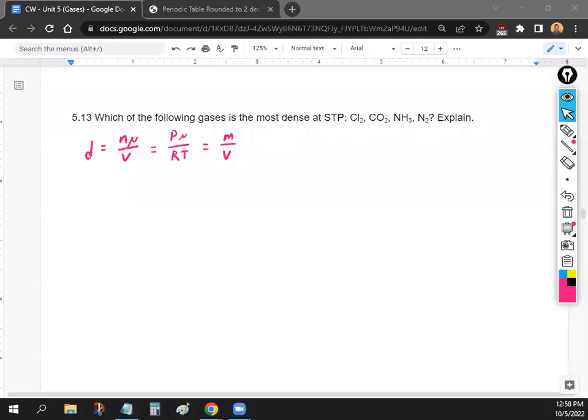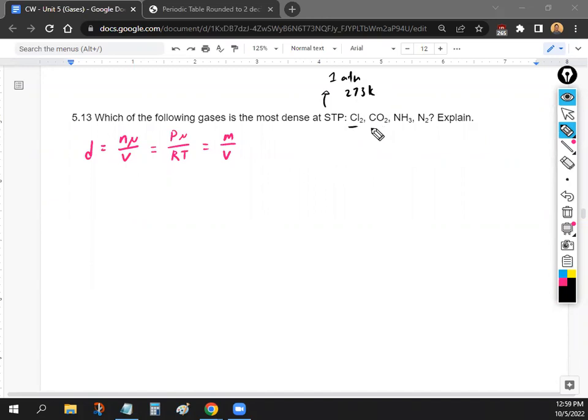All right. Okay, so we have the density formula for gases up here, right? 3 different ways to write it. But let's be a little bit logical about this, okay? If the gas is at STP, we know that it's at 1 atm and 273 Kelvin, right?